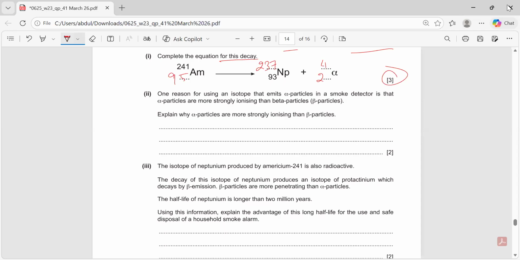A beta particle is minus 1 and it is very light. Its mass is negligible. On the other hand, an alpha particle has a charge of plus 2, because 2 protons are there, and it's very heavy. So I will say the alpha particle is more strongly ionizing. I will say the alpha particle has greater charge than the beta particle, and it has greater kinetic energy as compared to beta particles.